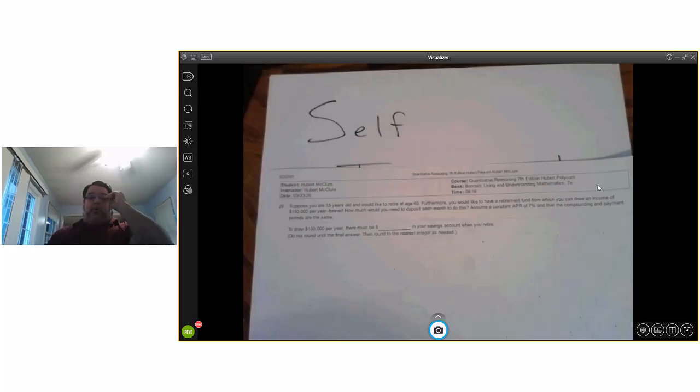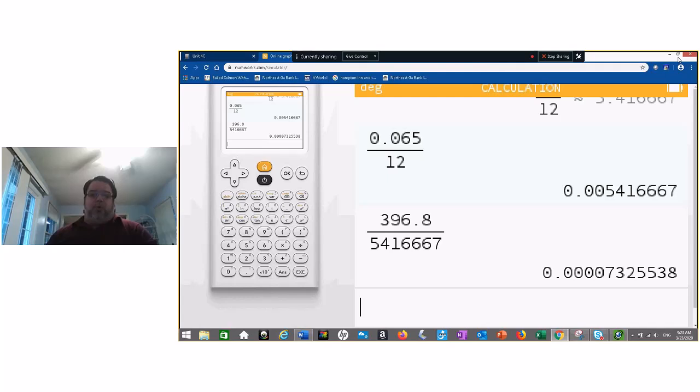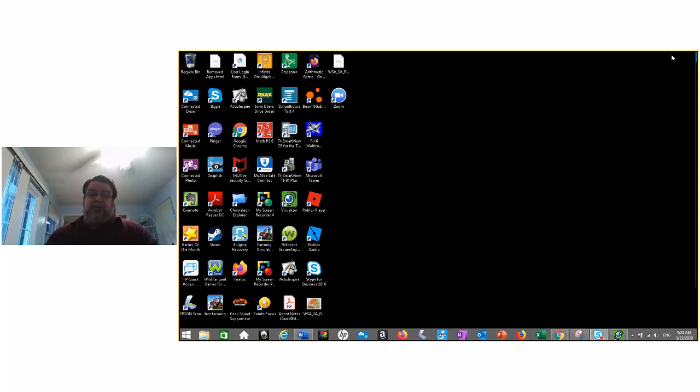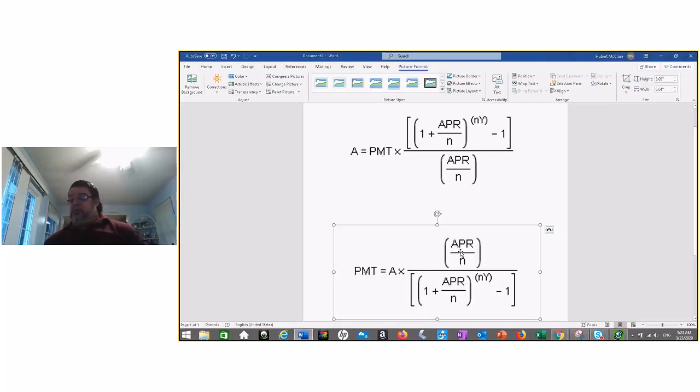So that's where we pull up our handy dandy formula. We know what we've got. We just don't know what payment to make. And that's where we use the second formula.